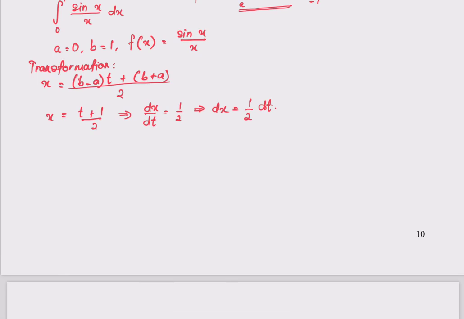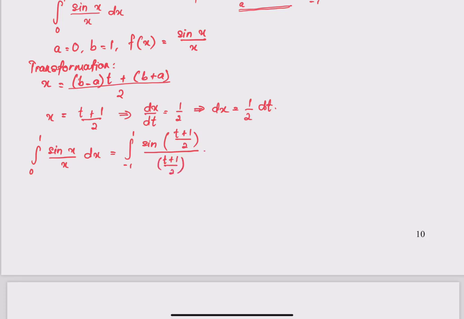Therefore, our definite integral from 0 to 1 of sine x divided by x dx now becomes the integral from -1 to 1 of sine x, where our x now is (t plus 1) divided by 2, divided by (t plus 1) divided by 2, and our dx is equal to 1/2 dt.